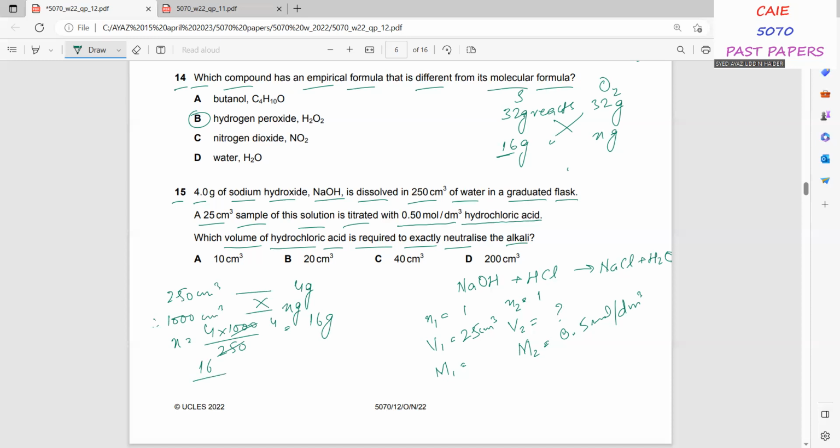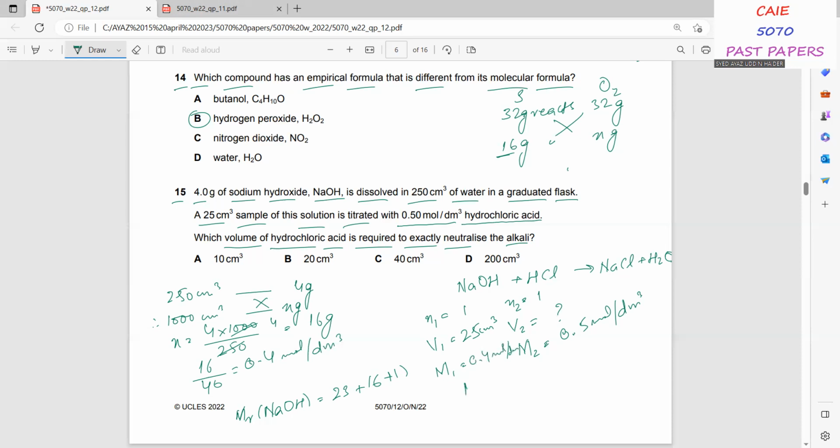For the MR of NaOH, the AR of Na is 23, oxygen is 16, hydrogen is 1, so you'll have 40. 16 divided by 40 is 0.4 mol per dm³. So the concentration of sodium hydroxide is also 0.4 mol per dm³.